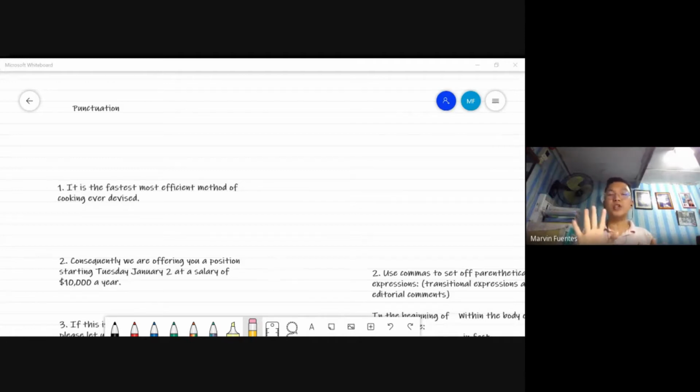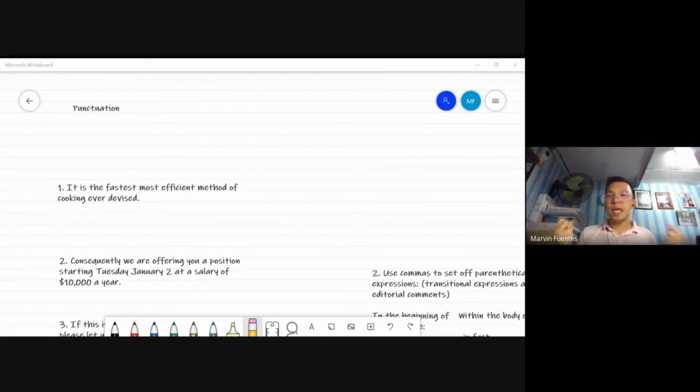When we say introductory, we just have 3 rules. Okay? First, introductory phrases, of course, you are going to see at the beginning of the sentence, but it should be composed of 5 or more words. Anong pagkakaiba? Introductory words that are composed of 5 words, kapag tinanggal mo, the thought or the essence of the sentence ay mawawala.